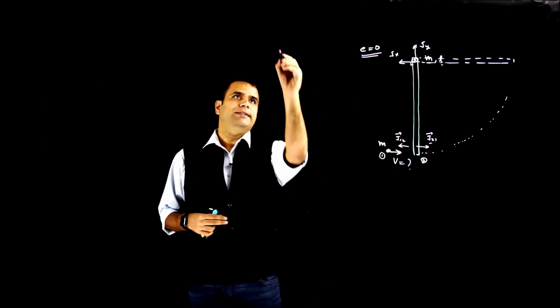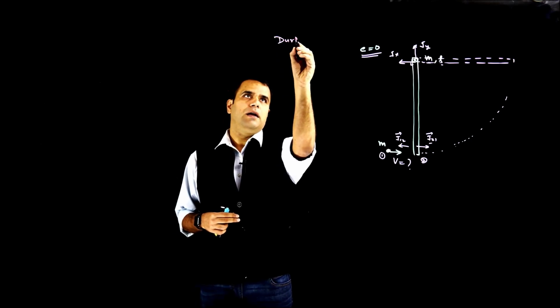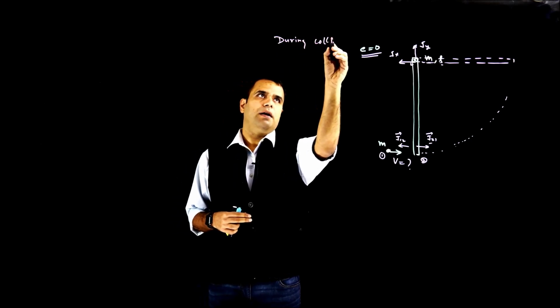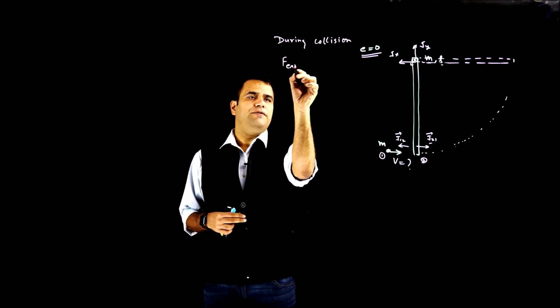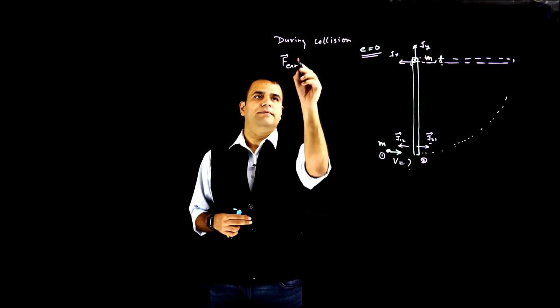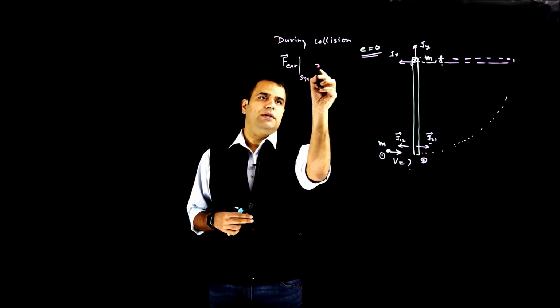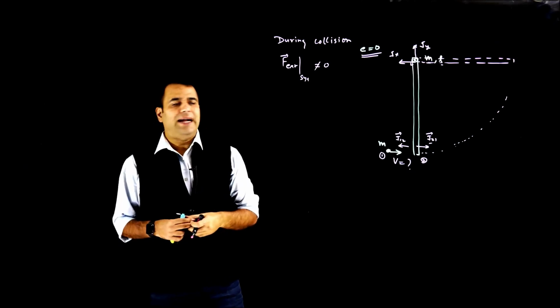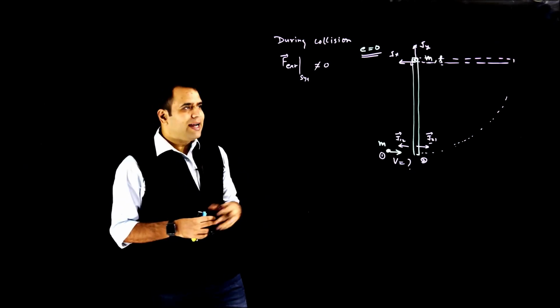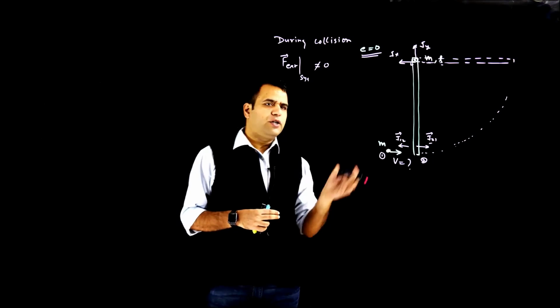So during collision, if you see, the external force acting onto the whole system is non-zero. If the external force acting onto the whole system is non-zero, I cannot go by conserving the momentum for the whole system.